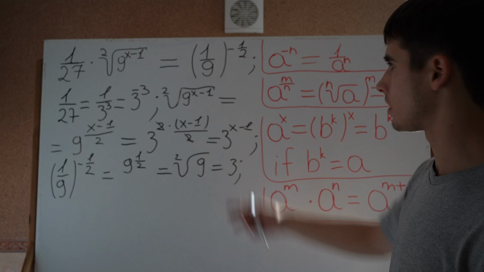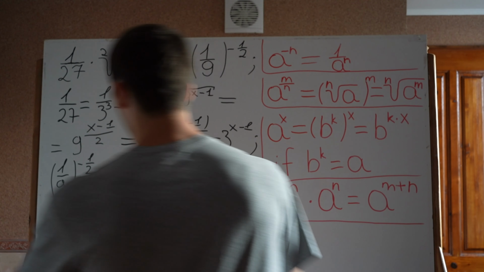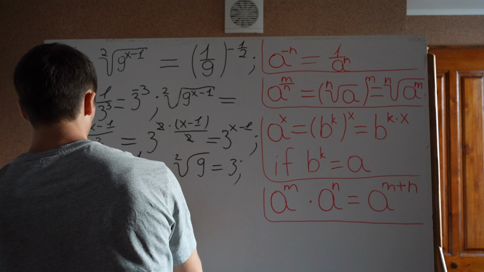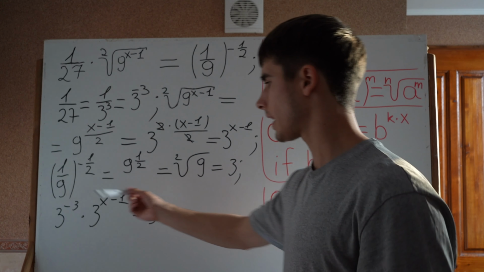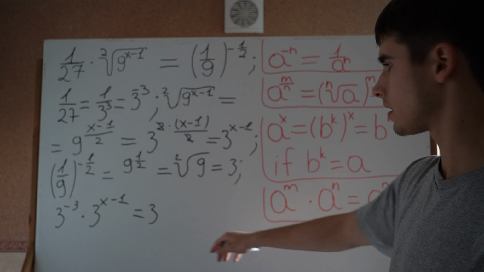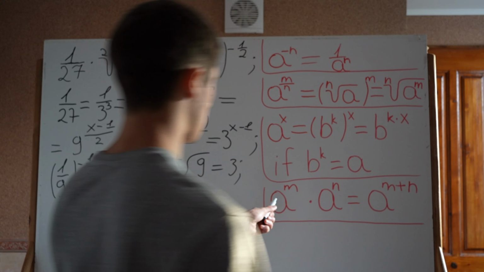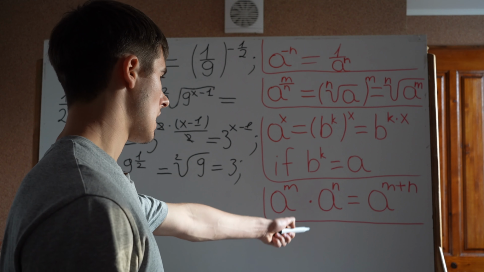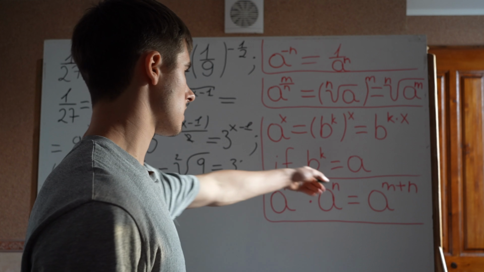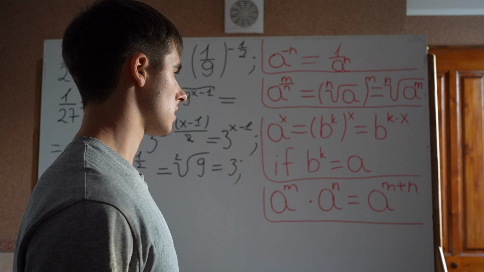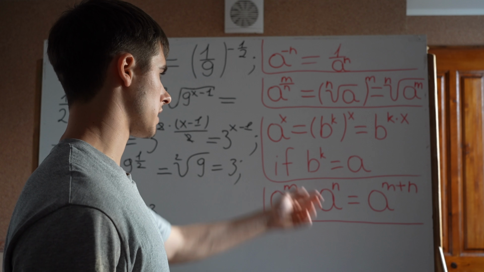Right now we have reached our first goal, and we can rewrite this equation with the new numbers. As you can see, here we have the multiplying sign, and here is the formula for that. When we have the same base and we multiply the numbers, we can just add the exponents.